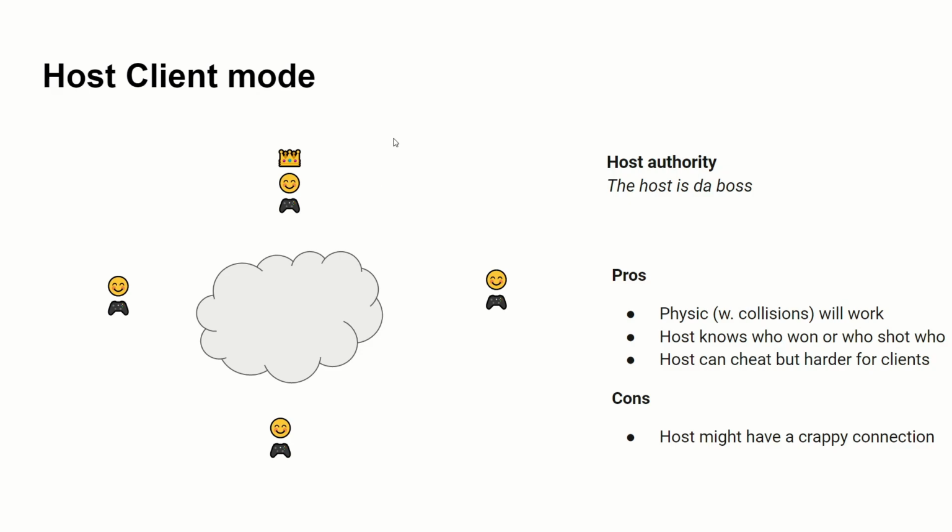So how it works is, let's say that this player is moving his car, so he is providing some input, and in this mode the input is only sent to the host. So in this case he's pressing the accelerator on his gamepad, and that information is sent to the host.